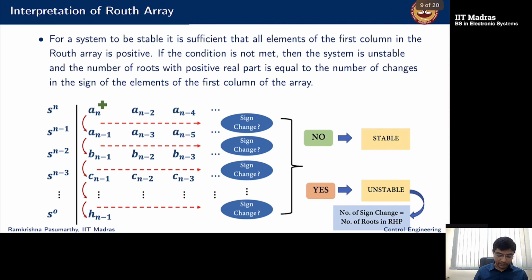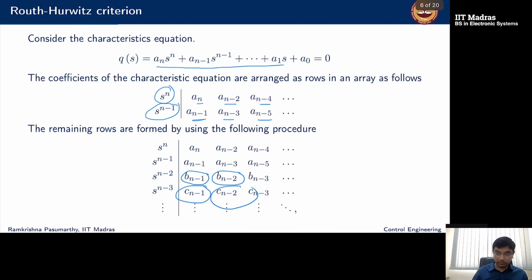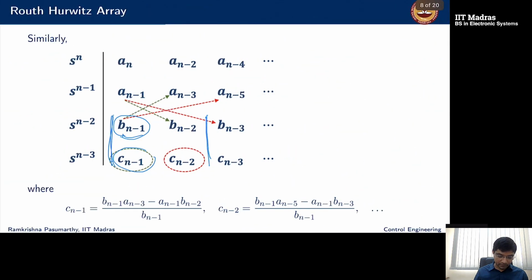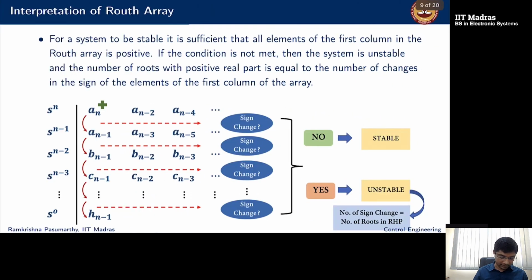For a system to be stable, we had read out this long statement here regarding stability. So this means the following: I compute all this until I reach the coefficient of s to the power 0. And I go from a_n to a_n-1. I ask myself if there is a sign change.